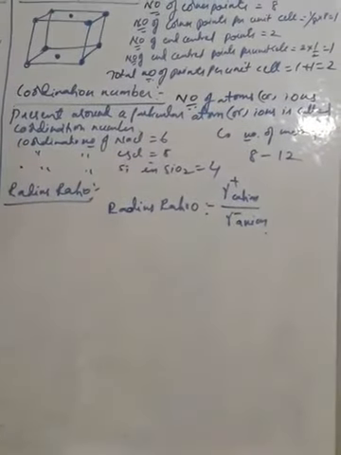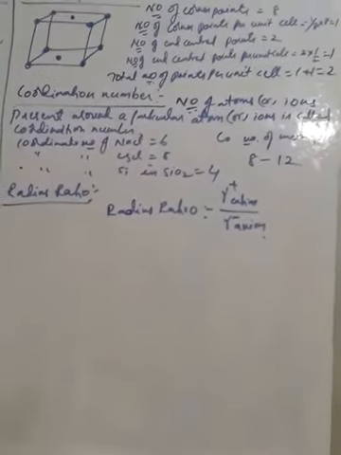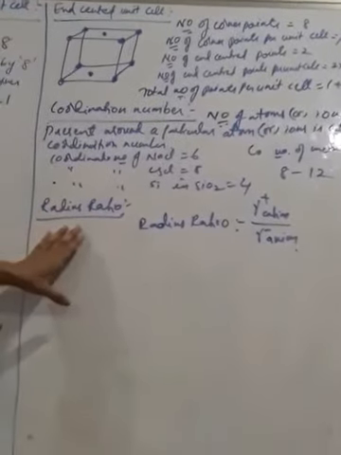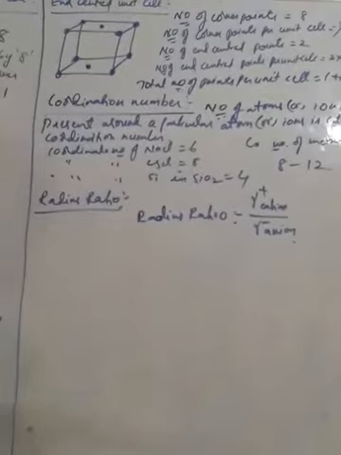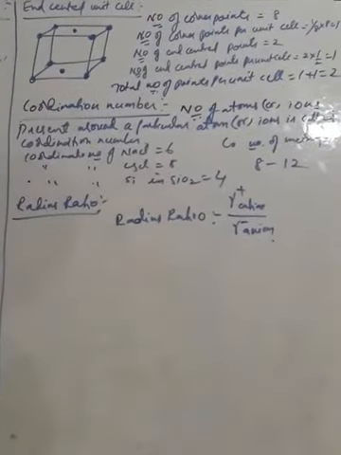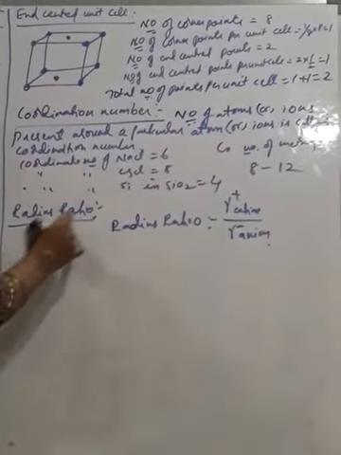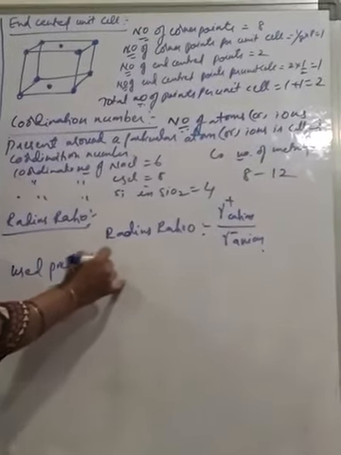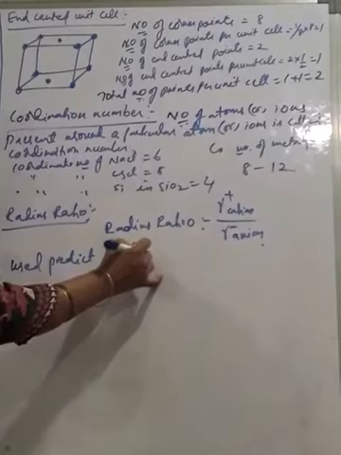So the ratio between the radius of cation and the radius of anion is called radius ratio. So from radius ratio we can predict the coordination number. So this is used to predict coordination number.